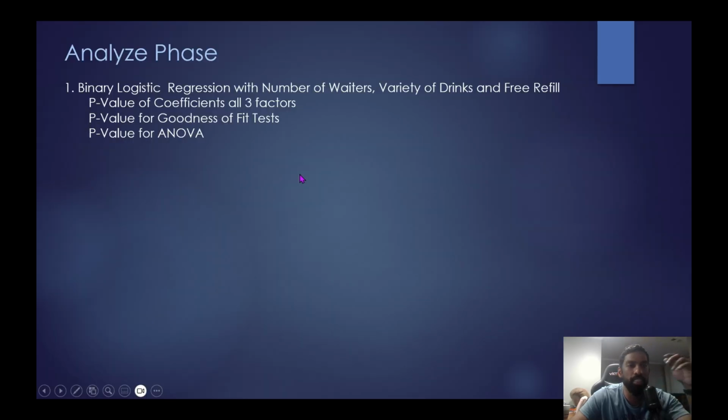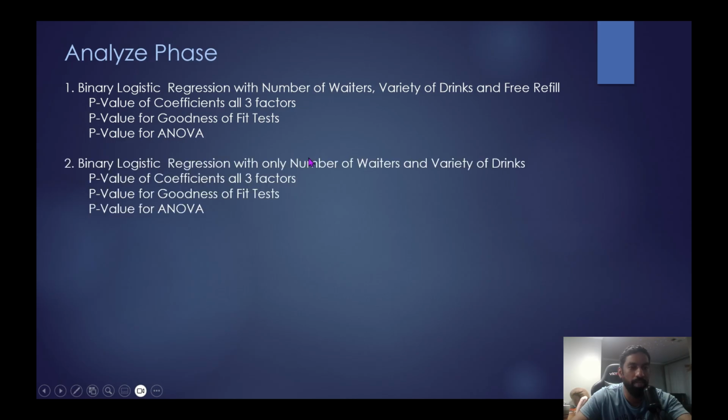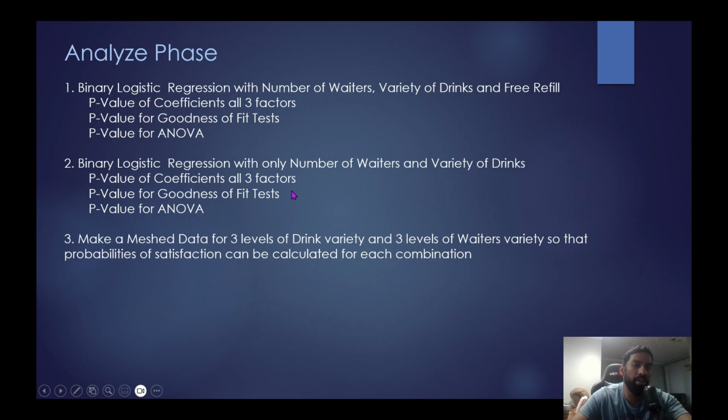So that essentially is the analysis phase, where we created the binary logistic regression model with three factors. We found that one of the factors was non-significant, so we updated our binary logistic regression model to only two factors. From that, we got the coefficients, and then we created different levels of the influential factors to calculate the probability using the coefficients that we previously found in the model.